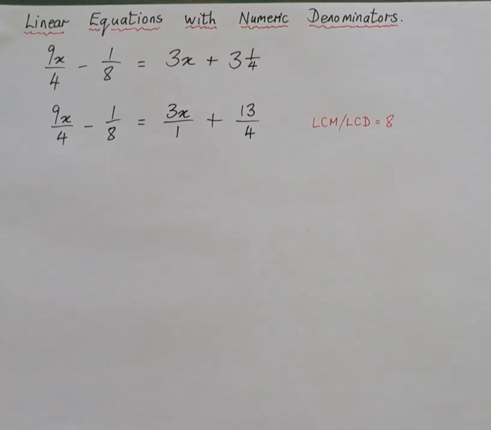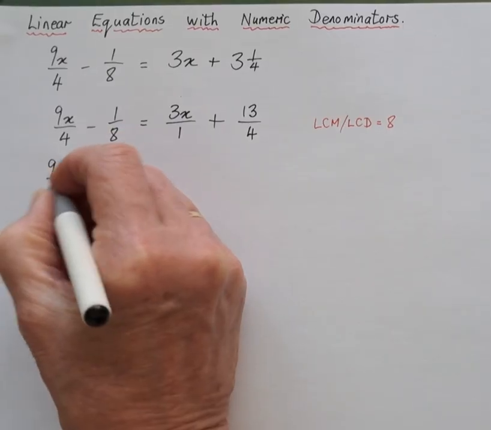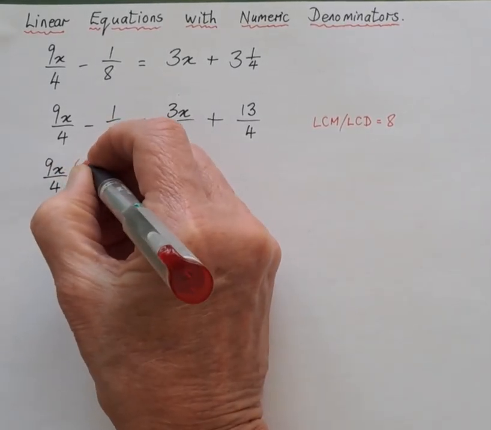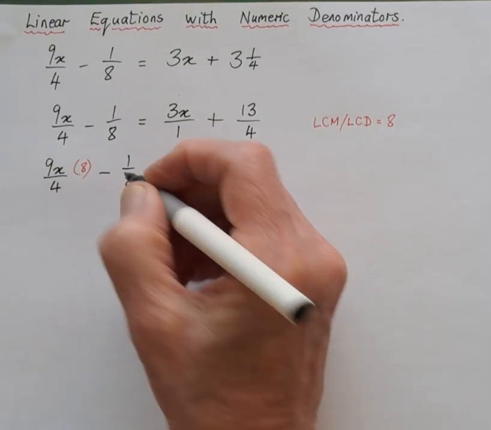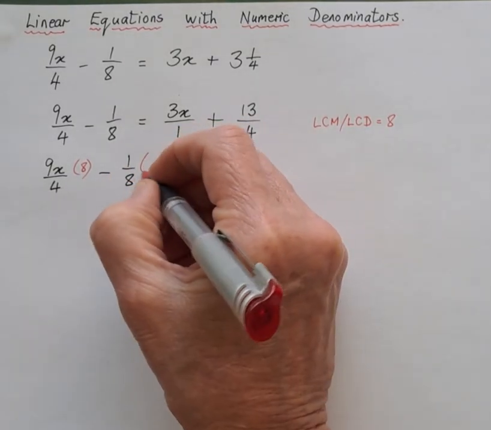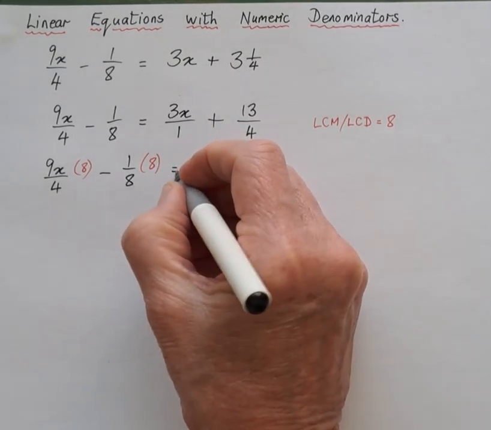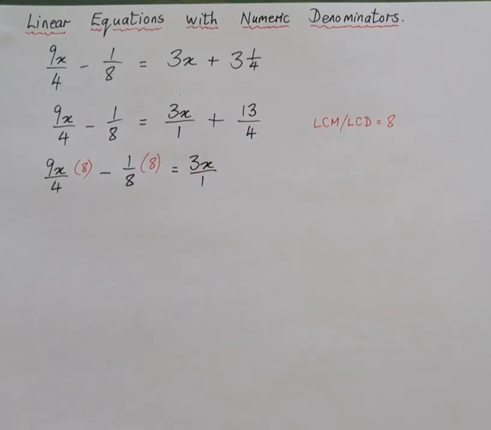So what we're actually doing is we're saying the first term multiplied by the LCD. The second term also multiplied by the LCD. You're really not going to do this once you get into the swing of things, because we can do this in our heads.